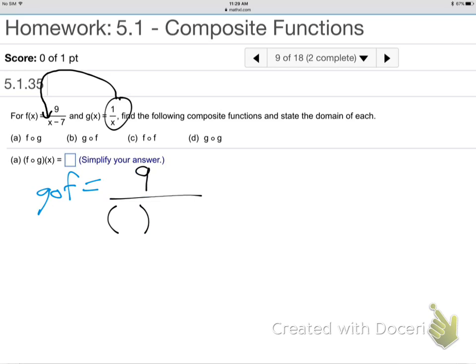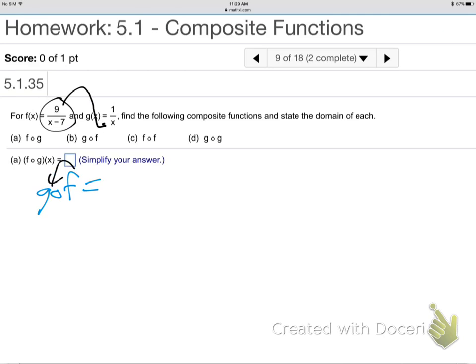Oh no, all of f into g. What am I doing? That's what I did last time. Other way. All of f into g. Like that? You don't need those parentheses, really. Is that good so far?